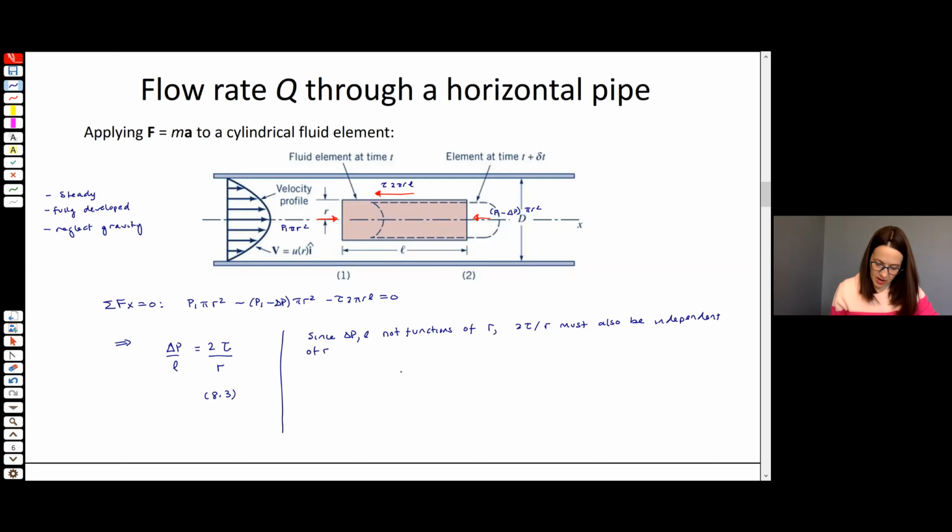And that gives rise to the following expression, that tau is equal to 2 times the wall shear stress times R over D. This is equation 8.4. And just reminding us, tau wall is the wall shear stress.